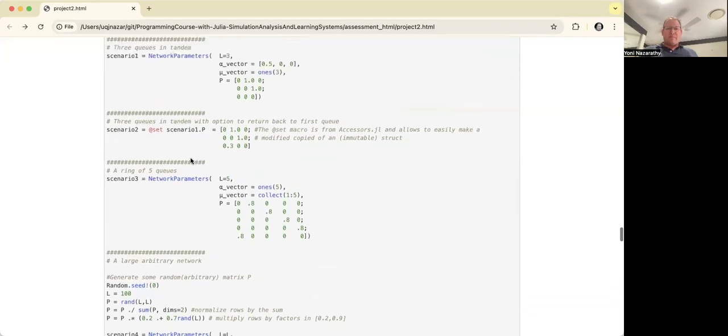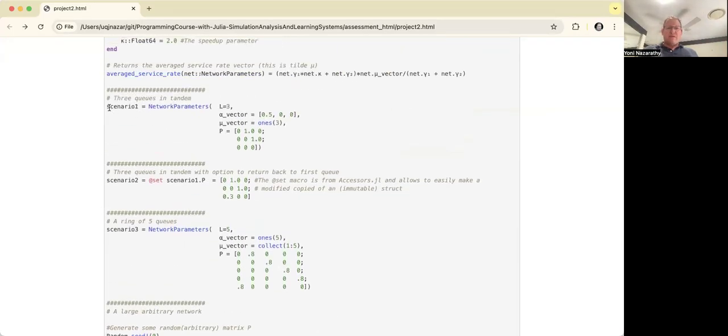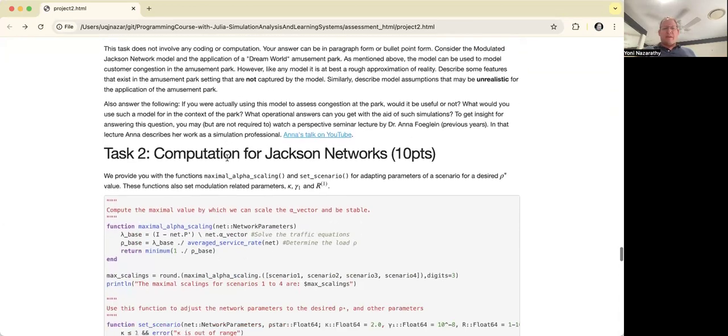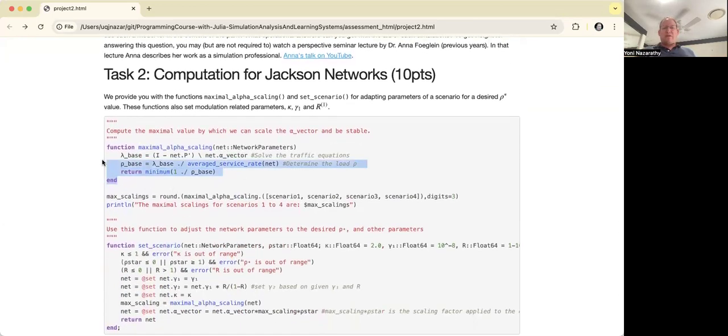So for example, if you would take this network, take scenario one, if I would increase the arrival rate from 0.5 to 0.7 to 1.2 to 1.3 to 1.9 to 2, etc. At some point, this network will break, and one of the queues, because our mu's are just 1, 1, 1, okay, and because of the way the routing is, one of the queues would break, or maybe more than one, and the network would become unstable. So this function tells you how much we can do such a scaling.